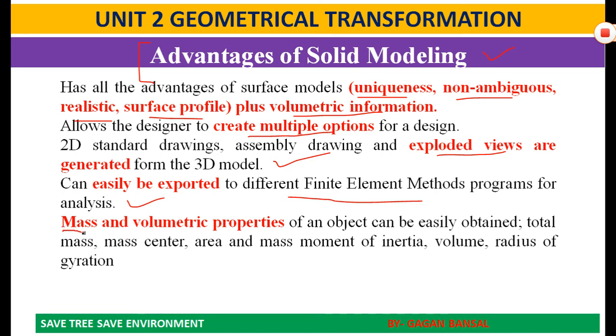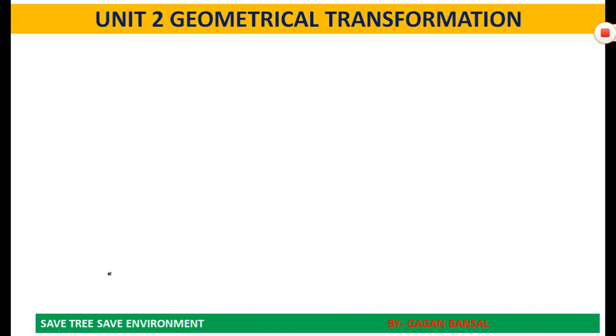Very, very important, mass and volumetric properties of an object can be easily obtained, as it is a solid model. Total mass, mass center, area and mass moment of inertia, volume, and radius of gyration can be easily calculated and interpreted.